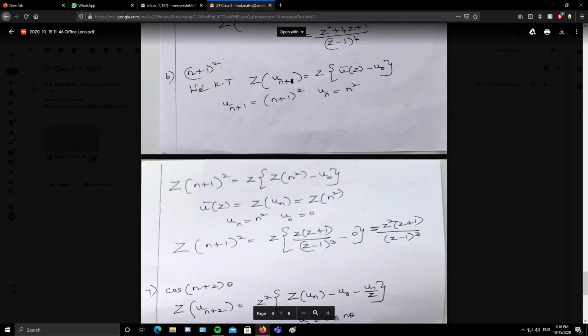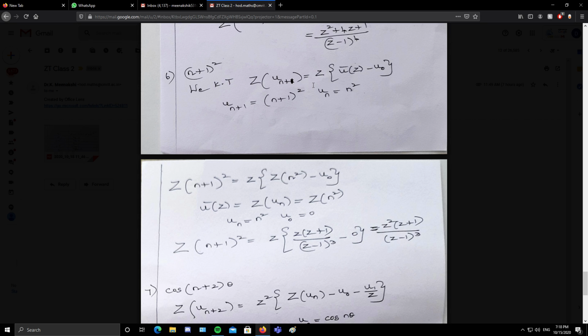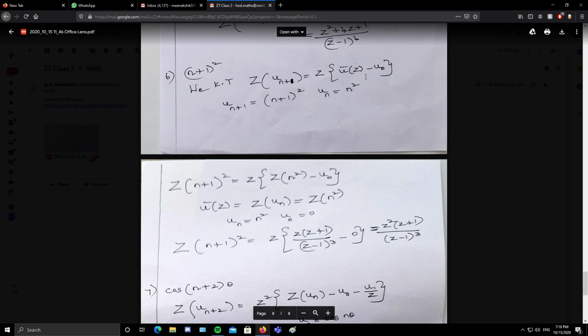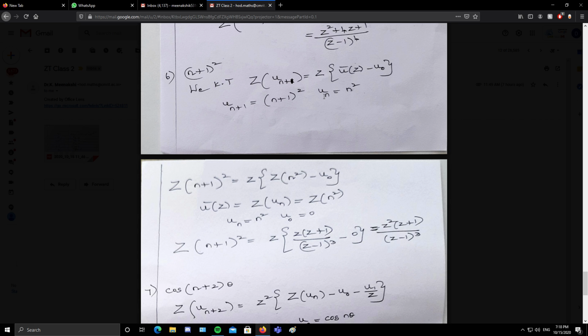I repeat, whenever you have n plus or minus k, it is the shifting property. So here you have n plus type. So u(n+1). So write the formula. Z of u(n+1) is z times u bar of z minus u naught. So what is u(n+1)? (n+1) whole square. What is u(n)?